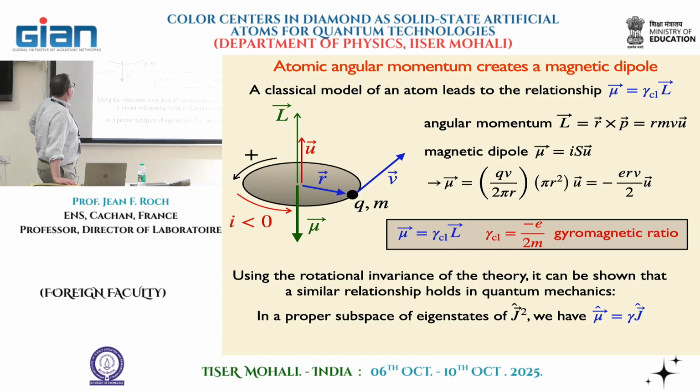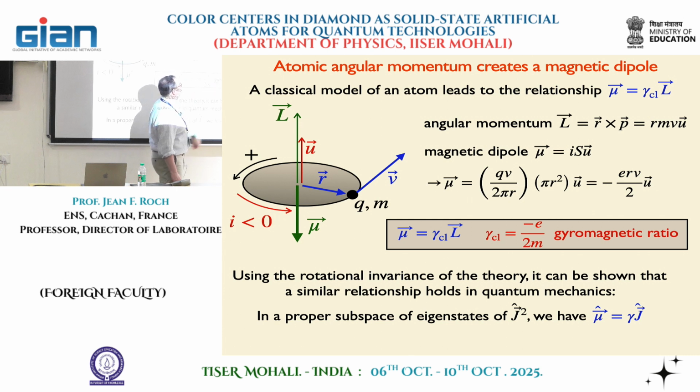This can be explained very simply using the classical model of an atom, which leads to the relationship connecting the magnetic dipole to the orbital angular momentum as mu vector equals gamma classical, the gyromagnetic ratio, times L.